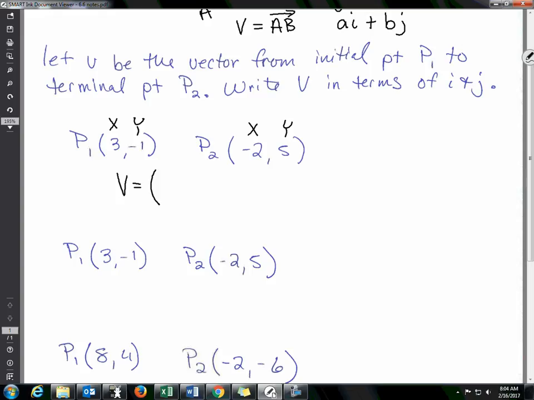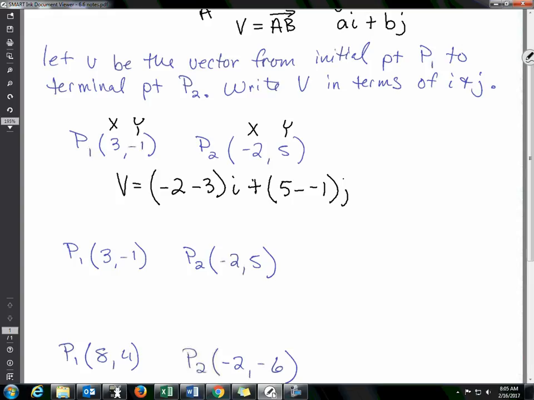Actually, take that back, from your ending point to your starting point. So it's negative 2 minus 3 i plus 5 minus a negative 1 j.